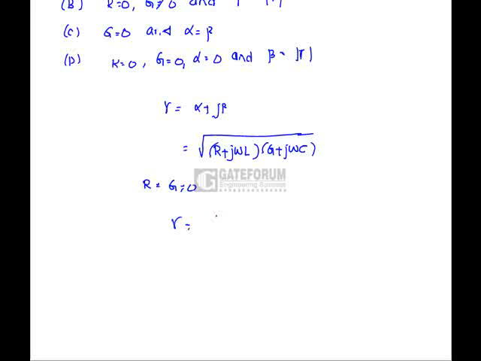Then gamma equals j omega under root LC, which is 0 plus j beta. Comparing, the real part is 0 and the imaginary part is j omega under root LC. So alpha equals 0, and the magnitude of the propagation constant is beta. R equals 0, G equals 0. Hence D is the only correct option here.